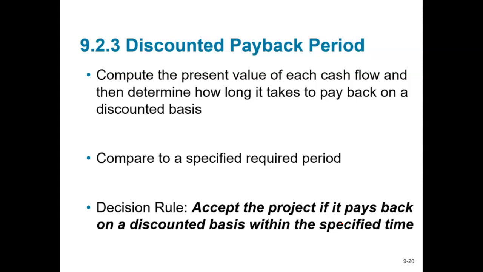So you compare to a specified required period. Again, this is an arbitrary one, and the decision rule is the same as we discussed in the payback period. That is, accept the project if it pays back on a discounted basis within the specified time.